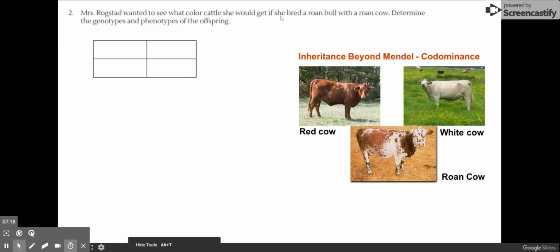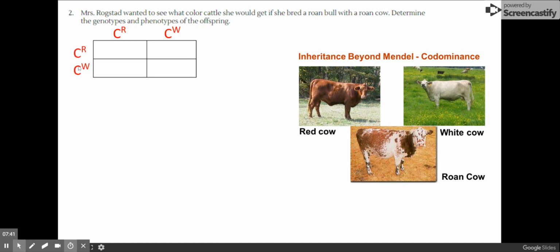Okay, next example, we're looking at breeding a roan bull with a roan cow. So remember that roan is going to be the hybrid or the heterozygous. So let's put our genotypes for the parents. So this would be the genotype for one of those roan parents. And this would be the genotype for the other roan parent.